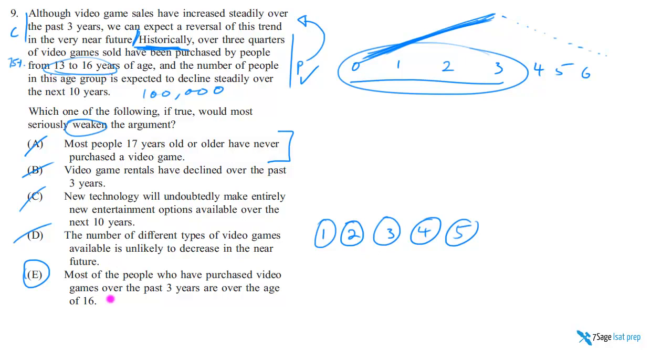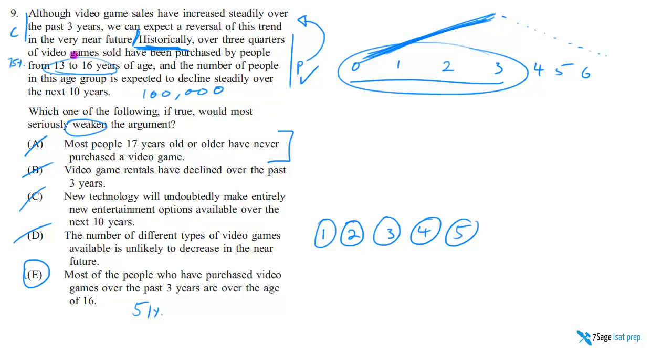See, E is effectively telling us that over the past 3 years, it's not 75%. The percentage of people between the age of 13 and 16 is less than 50%. You see, most of the people who purchase video games were 23 years old. So that means 51% or more, which means the number of people who are 13 to 16 must be less than half. So that's great news. Do you see what's going on?